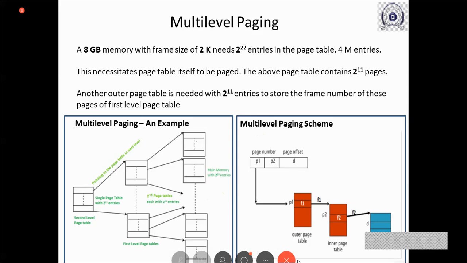Now can you see the address translation example? No, sir, the desktop shows the same page itself. It is showing multi-level paging.